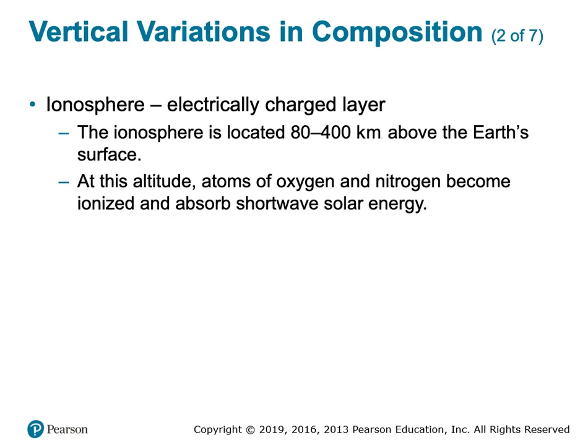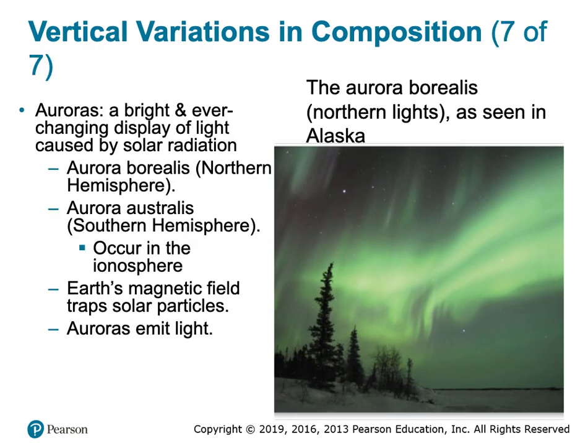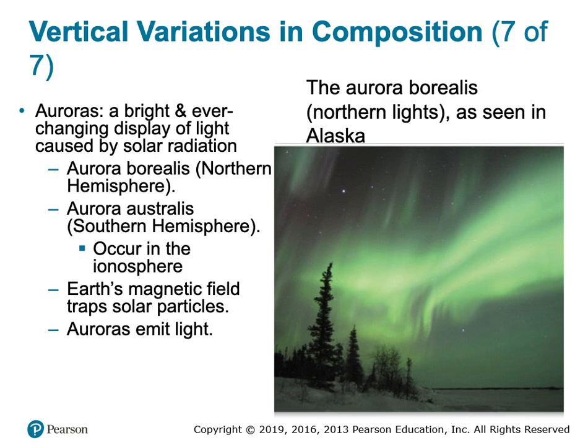And the ionosphere is an electrically charged layer located 80 to 400 kilometers above the Earth's surface. At this altitude, atoms of oxygen and nitrogen become ionized and absorb shortwave solar energy. And this is where we could find beautiful displays known as the auroras.